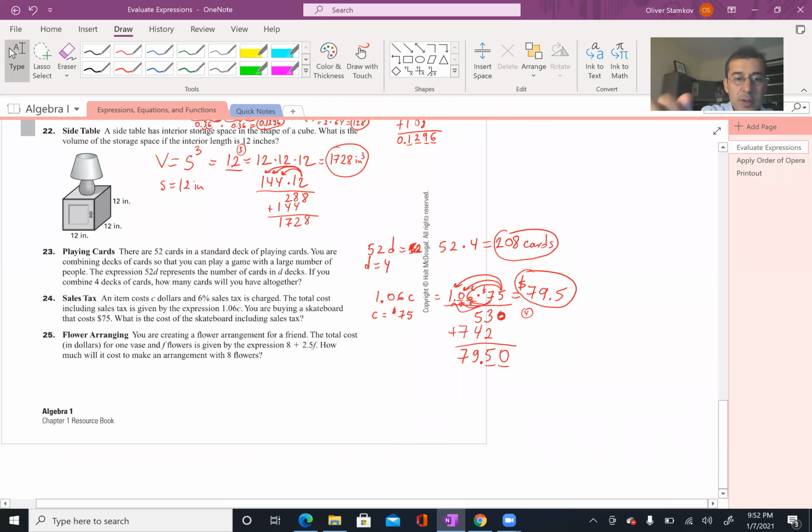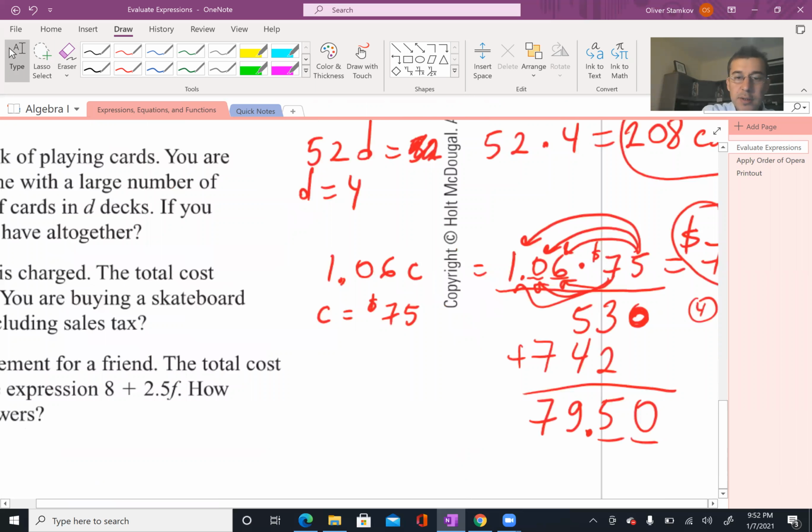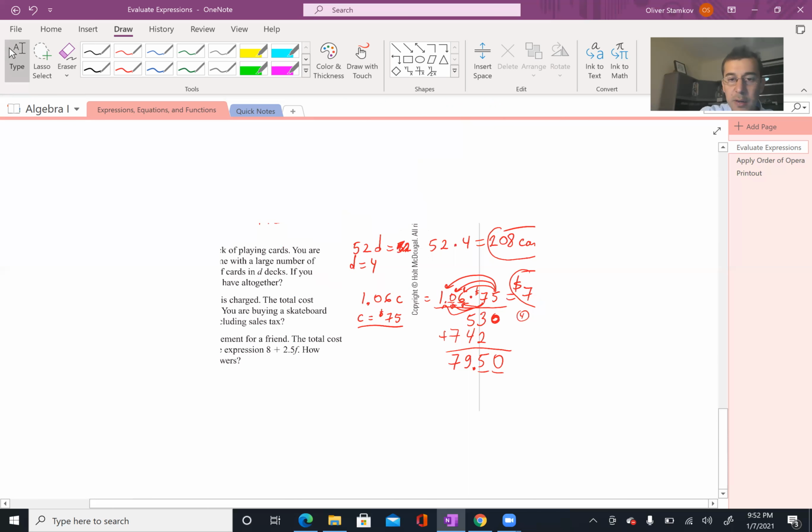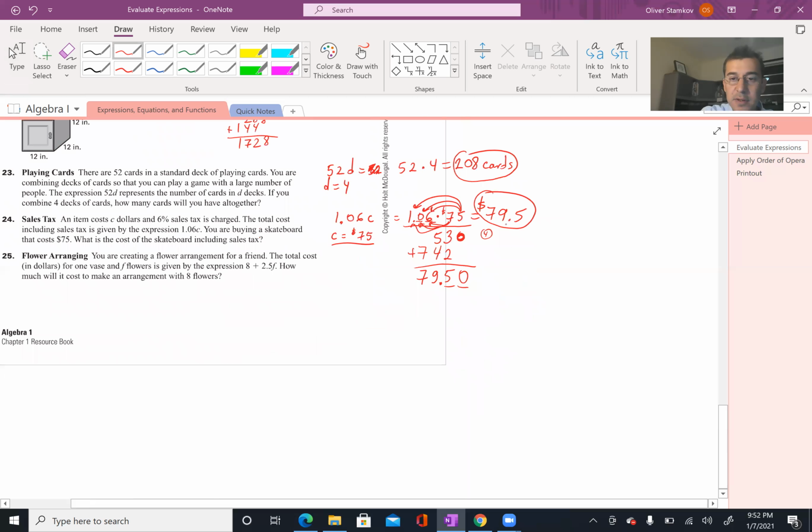So you can see here the skateboard is $75, but you're not paying 75, you're paying more than 75, you're paying 79.5. Why? Because there's a sales tax. You know, Uncle Sam has to take his part. And as you can see here, the sales tax is $4.5, because 79.5 minus 75 is 4.5.